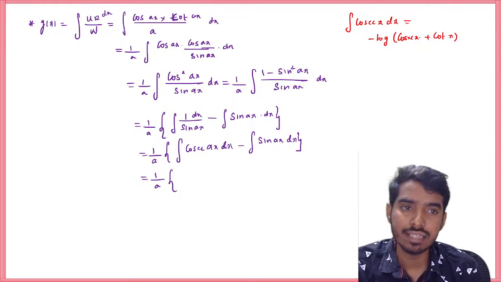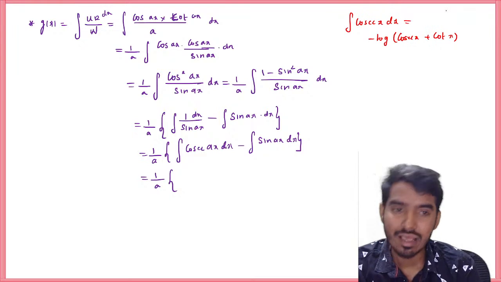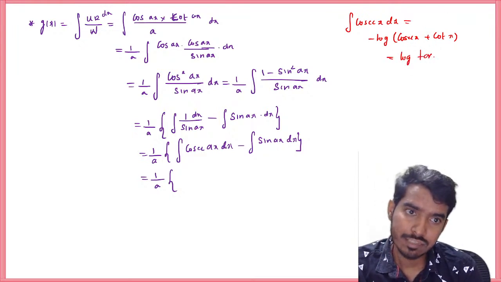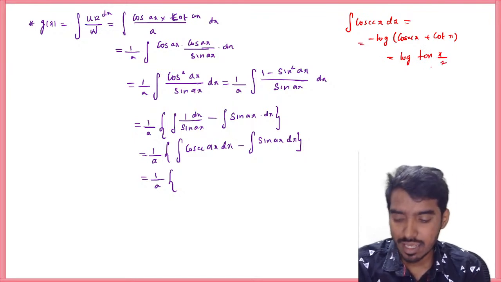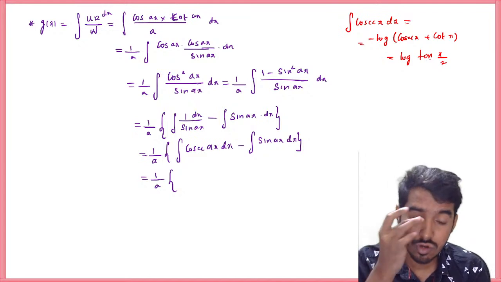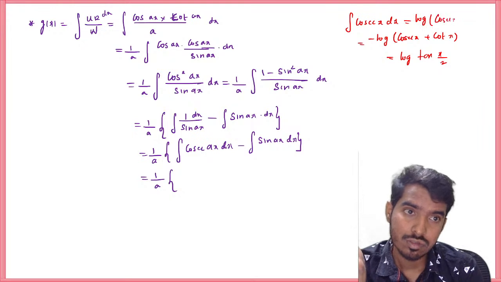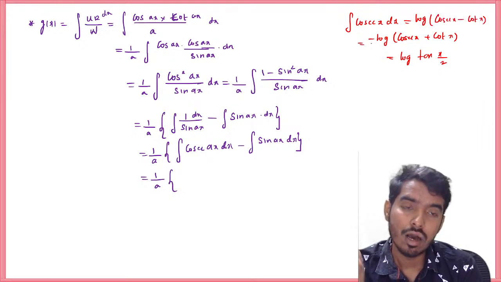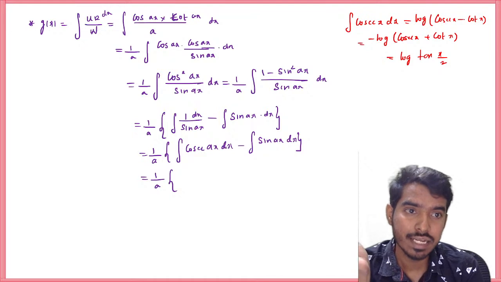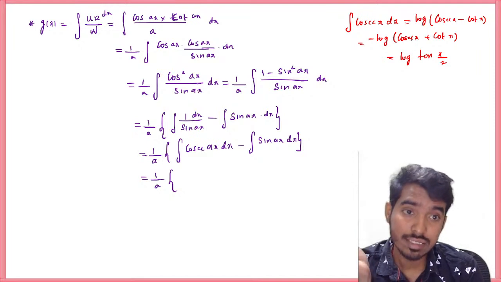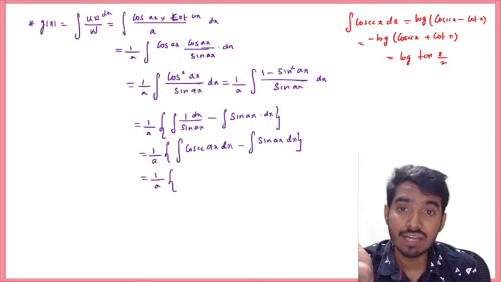Or you can also write this to be log of tan x by 2, right? Both are same, all are same only. Or you can also write this as log of cosecant x minus cot x, or minus log of cosecant x plus cot x. All are same only, right?